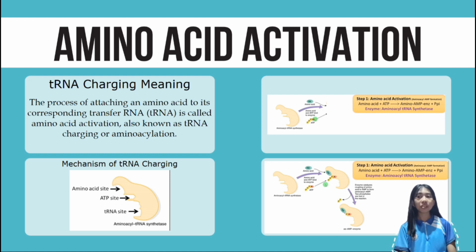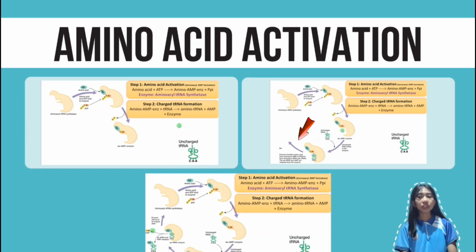Next to that process is the formation of charged tRNA, where the aminoacyl AMP enzyme binds to tRNA, forming amino acid plus tRNA. Okay, let's now see the reaction. The uncharged tRNA binds to the active site of the enzyme. This enzyme transfers the amino acid from aminoacyl AMP to tRNA to form aminoacyl tRNA.